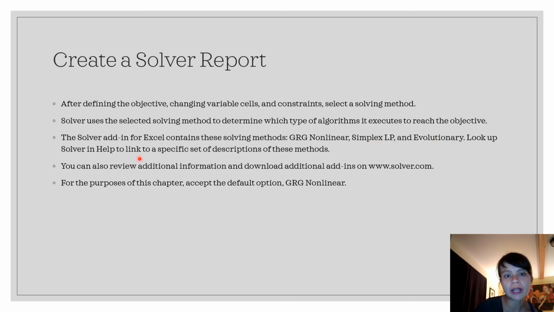Look up Solver in Help to link to a specific set of descriptions of these methods if you are more interested in learning about them. You can also review additional information and additional add-ins on www.solver.com, if you need even more than what Solver provides. For the purposes of this chapter and keeping it simple, we're going to accept the default option, GRG nonlinear. But just note that if you are interested in learning about the other two, the information is there.